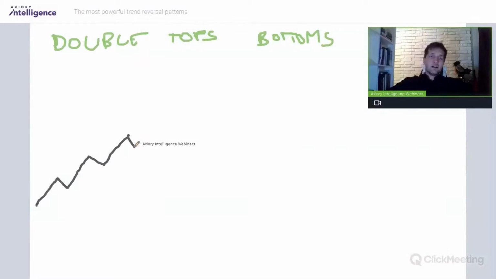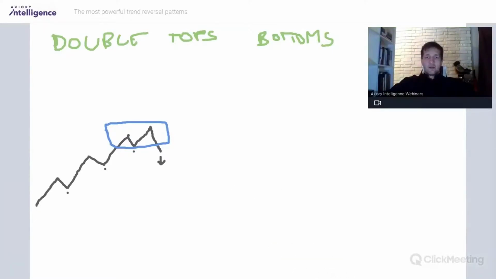So we have high, we have a higher high, and then the price makes lower low, because so far lows were higher and this one is lower. Okay, so this is lower low, and this is a double top formation.